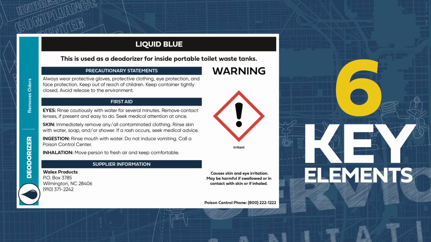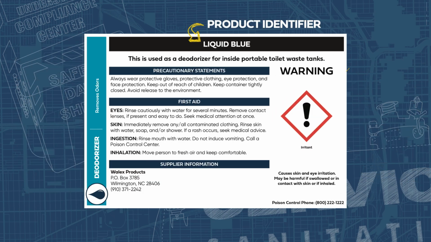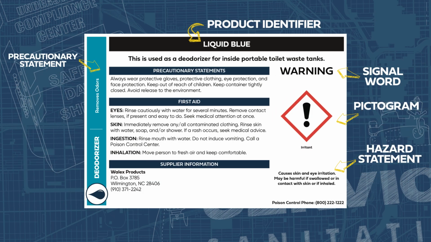GHS labels include 6 key elements: product identifier, signal word, pictograms, hazard statements, precautionary statements, and supplier information. The product identifier lists the material name and any hazardous ingredients as shown on the SDS. The signal word, such as danger or warning, shows the level of hazard.